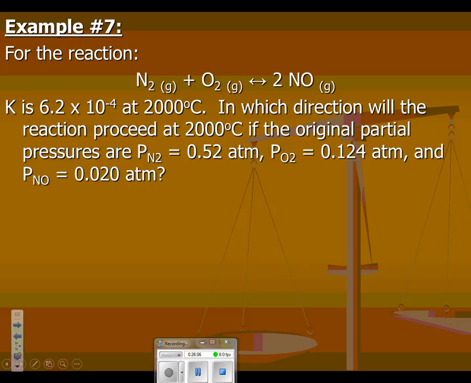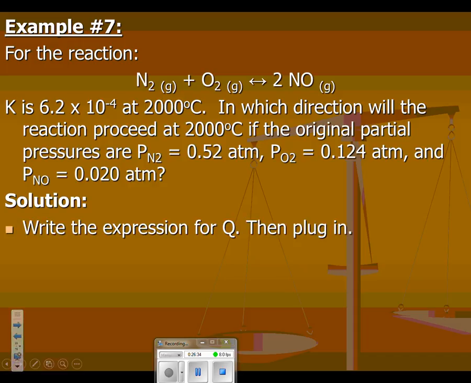Okay, so in which direction will the reaction proceed at 200 degrees C if the original partial pressures are given? So write me a Q. Tell me what the Q is. Q equals products over reactants, divided by 0.52 times 0.124.